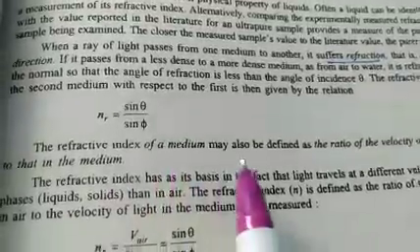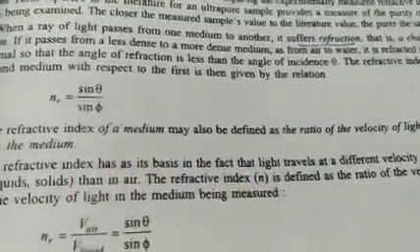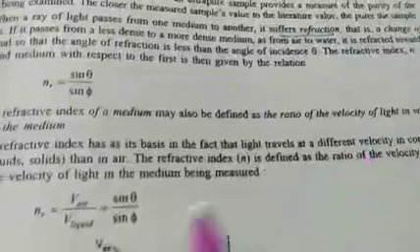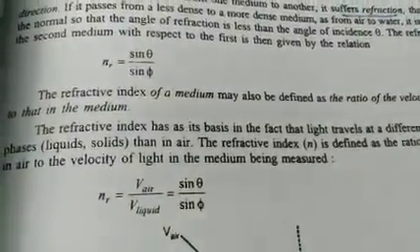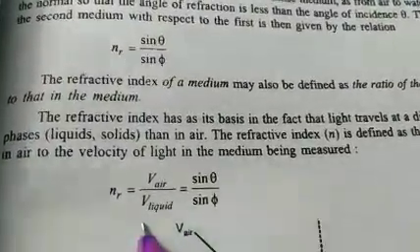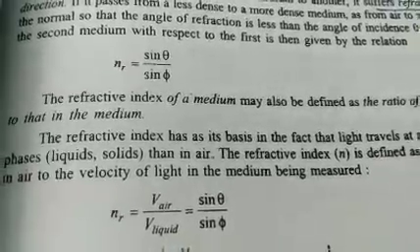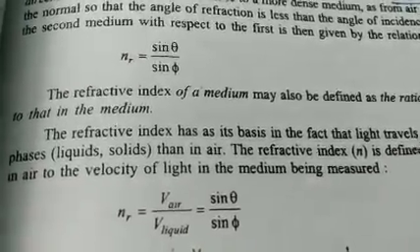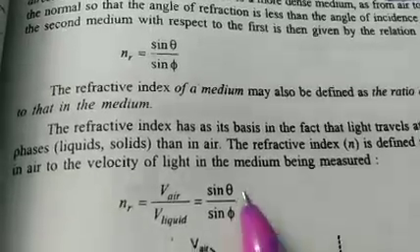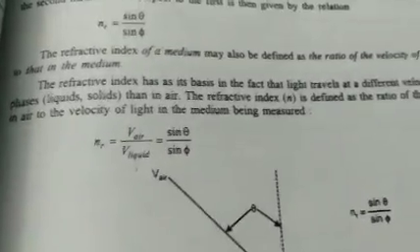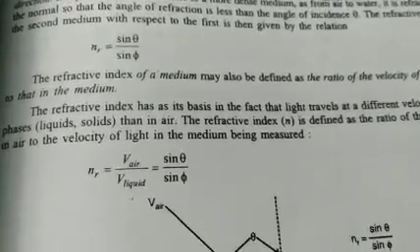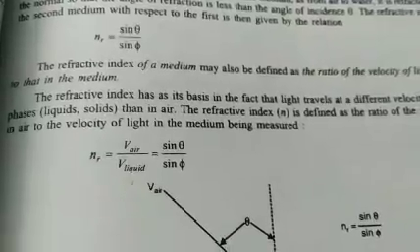The refractive index is the ratio of the velocity of light in the air medium and in the liquid medium, but we cannot measure the velocity of light rays. So we measure the angle theta. In a refractometer instrument, we measure the angle.